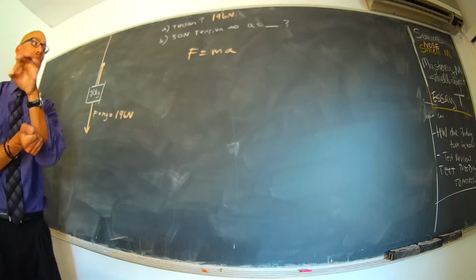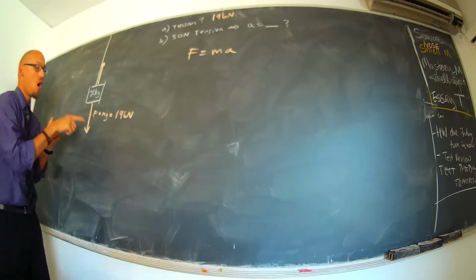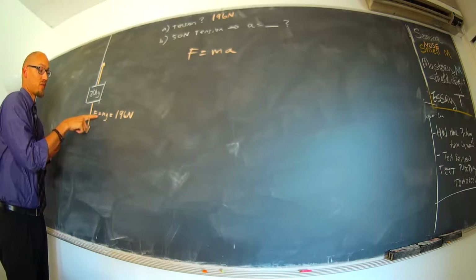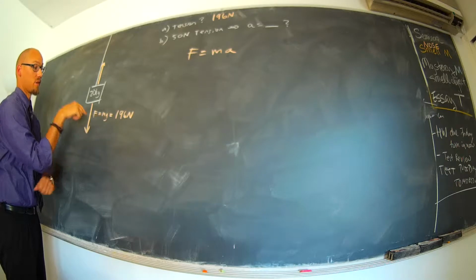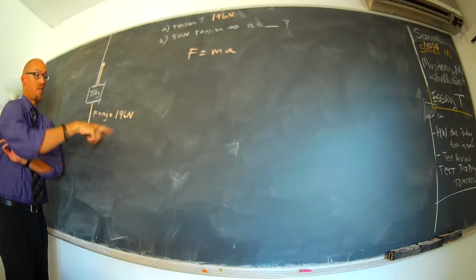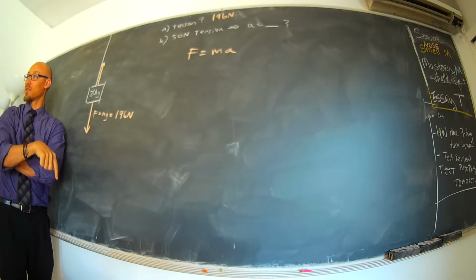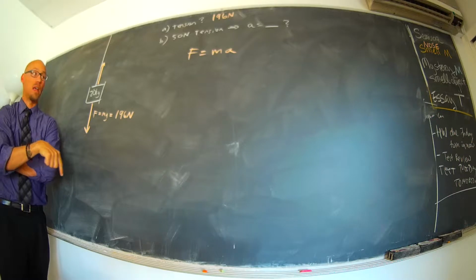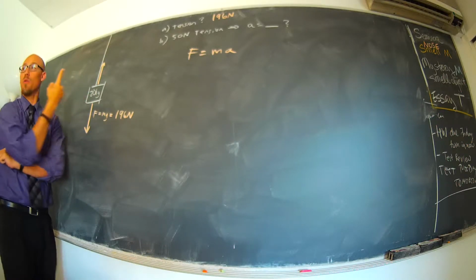If there's no motion, there's no acceleration, that means there's no net force. So if we know the force of gravity is mass times 9.81 meters per second squared, then we know that gravity pulls this thing with 196 newtons of force. And if it's not accelerating, then there has to be an equal and opposite force.